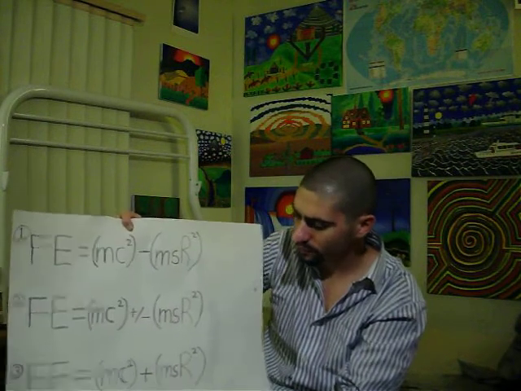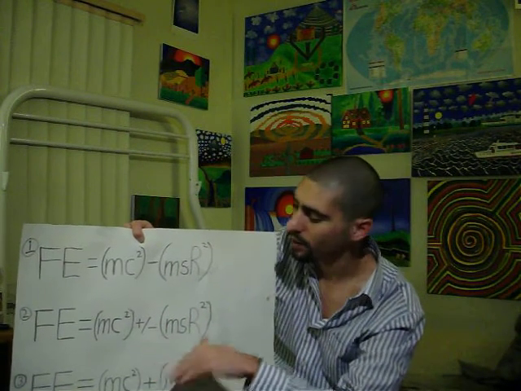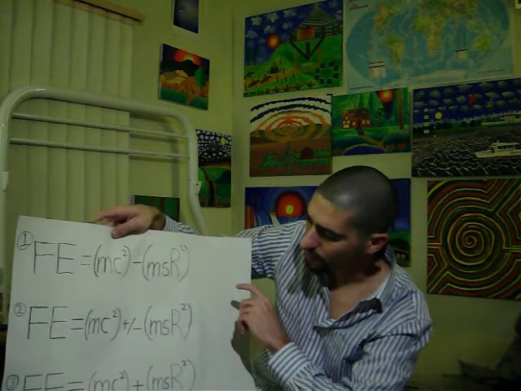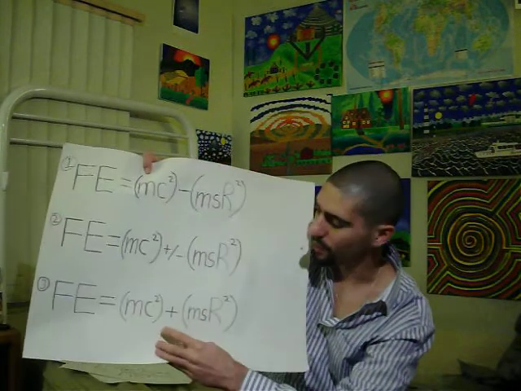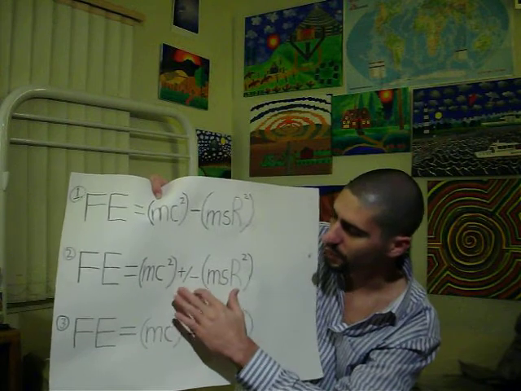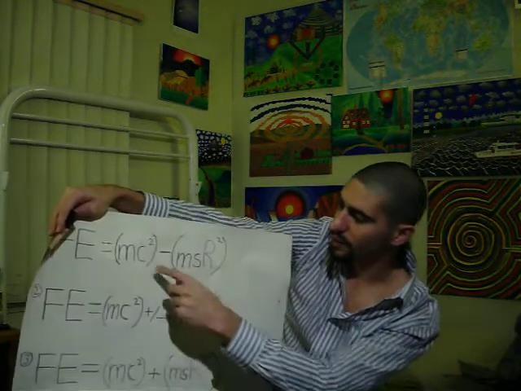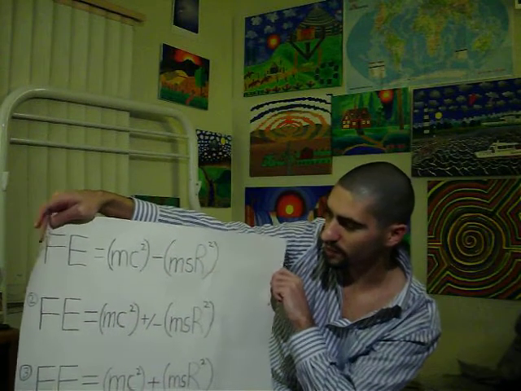And around the core there's a zone of probability where it's both. Around the core also, the gamma rays get released in the core, and then they interact with a zone of probability around the core, and then they get broken down further by the negative energy that surrounds it, mc squared minus msr squared.